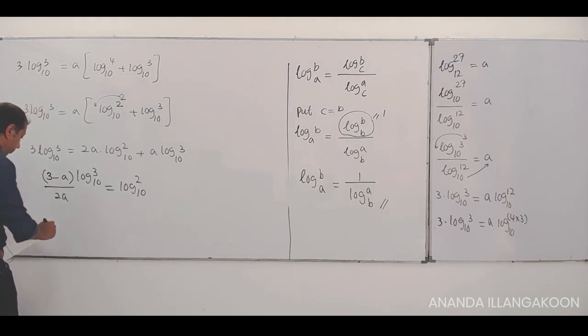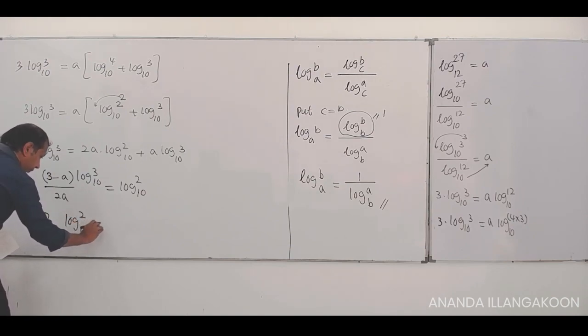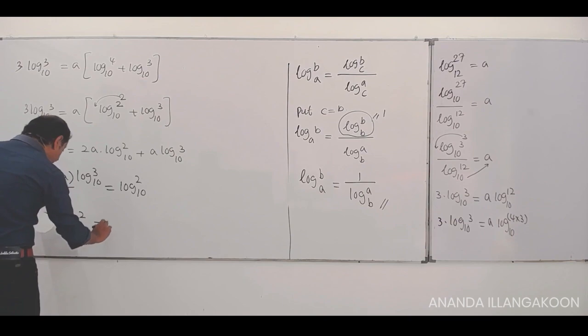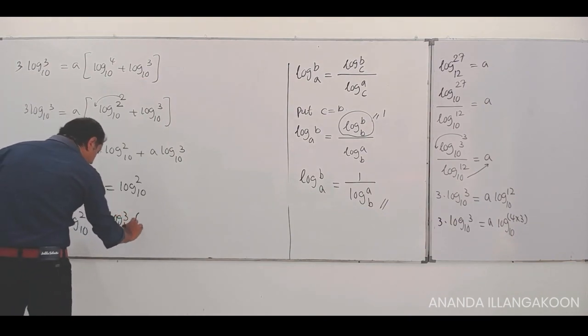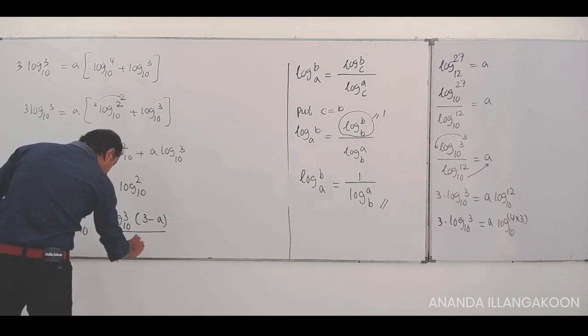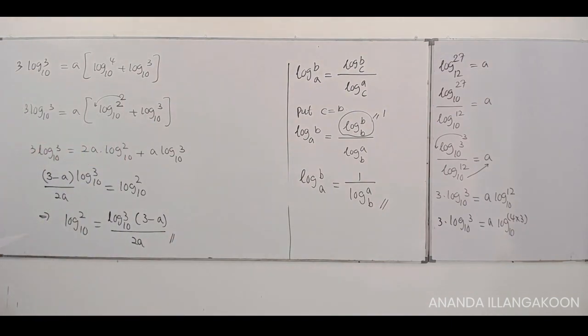Then the answer is coming, no? Log base 10 of 2 is equal to log base 10 of 3 times 3 minus a divided by 2a. This way we get that.